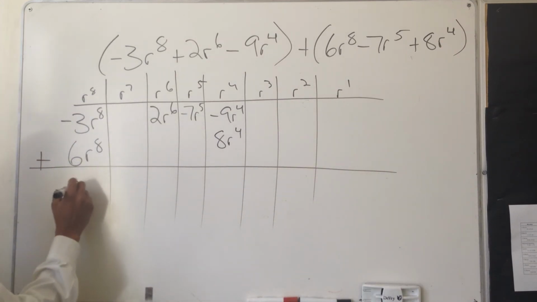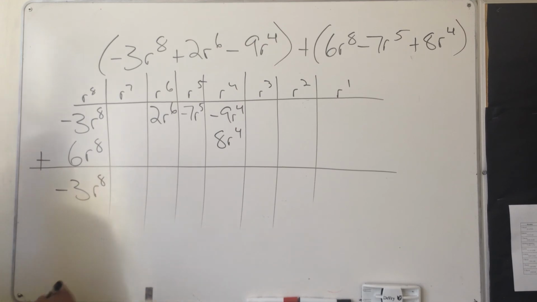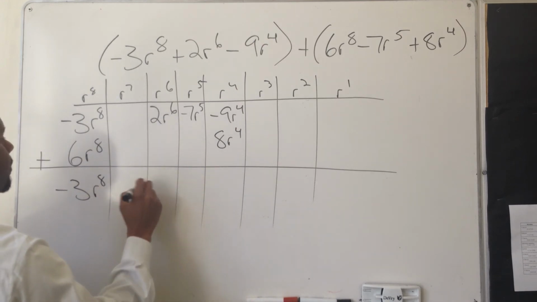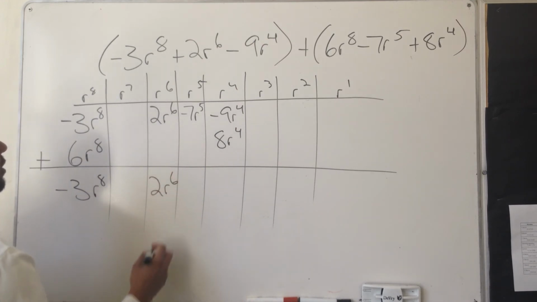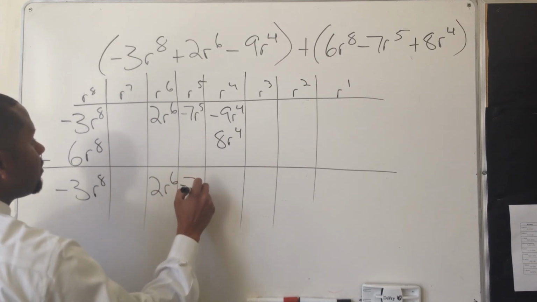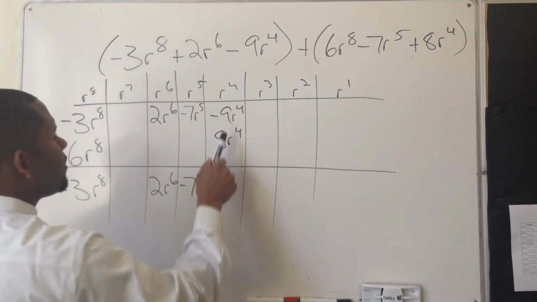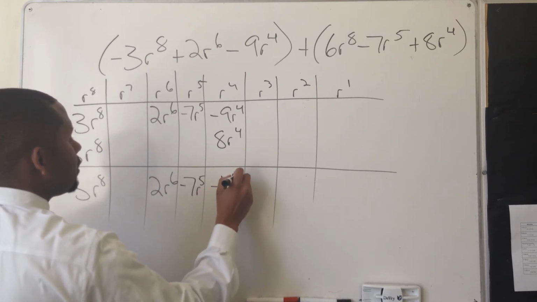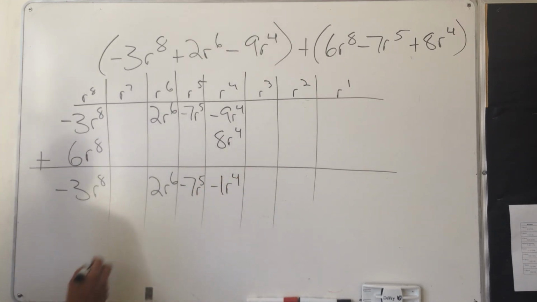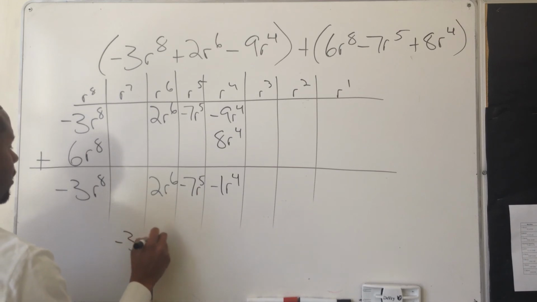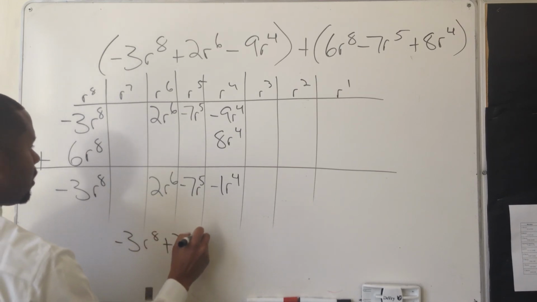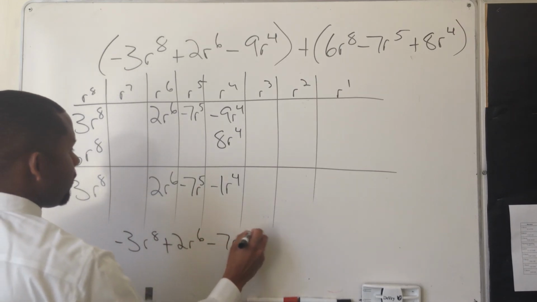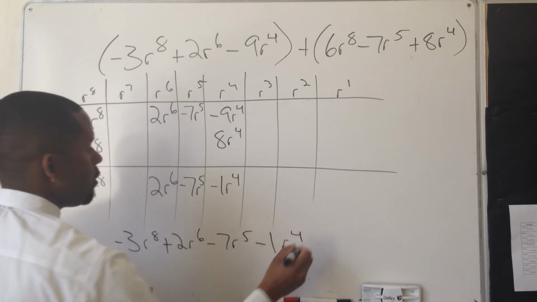Negative 3 and 6 is negative 3, so I have negative 3r to the 8th. I have 2r to the 6th. I have negative 7r to the 5th. And negative 9 and 8 is negative 1r to the 4th. There's my final answer. Negative 3r8 plus 2r6 minus 7r5 minus 1r4.